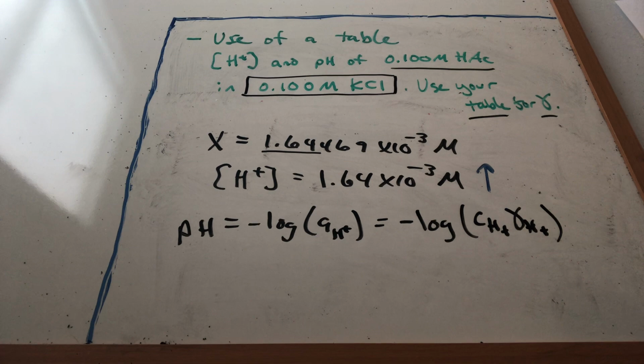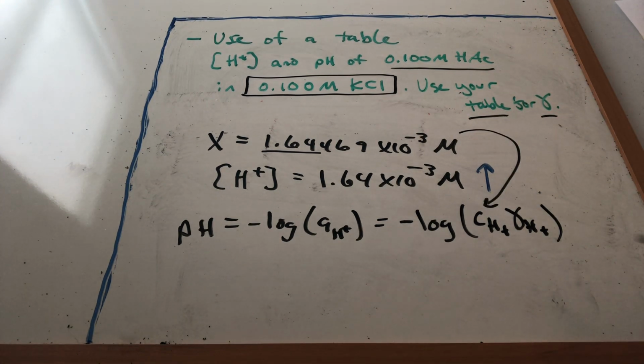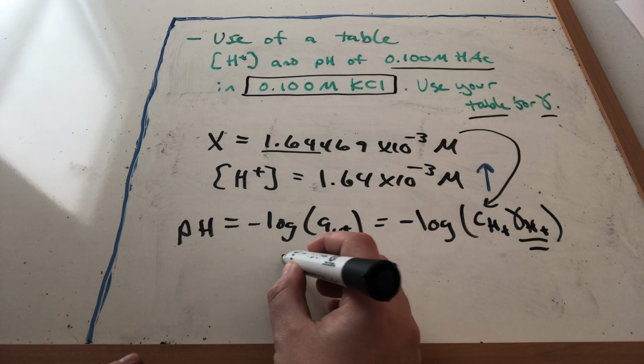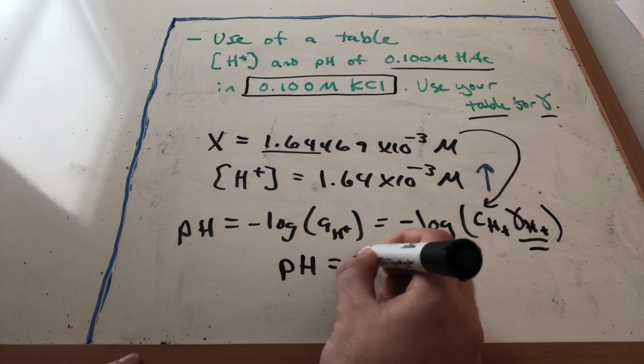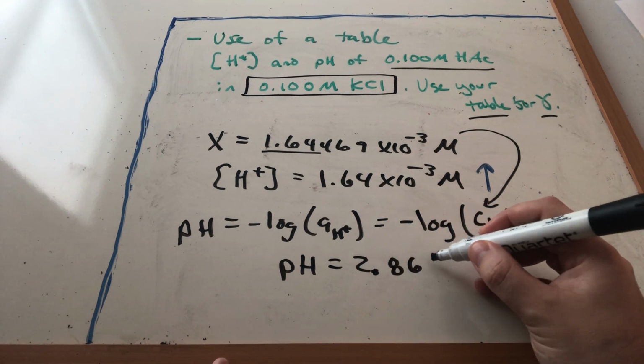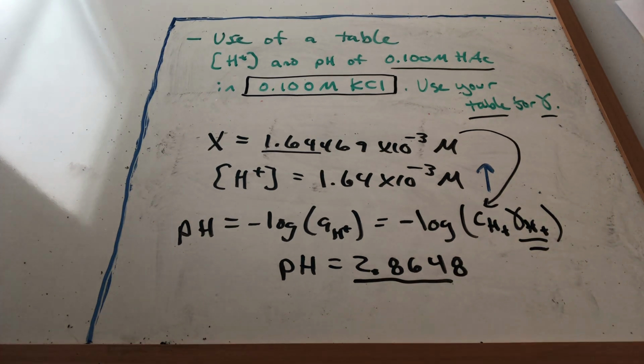Well, our concentration of H plus is our x, and our gamma of H plus, we know from the previous work that we had written down, is the 0.83. Plug this into this calculation, and what I get for the pH is 2.8648, and that's all we kind of need. 2.8648.